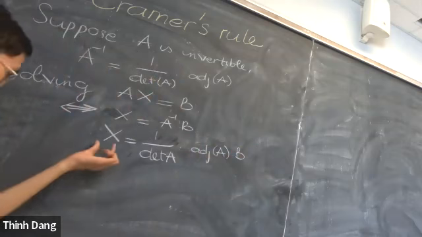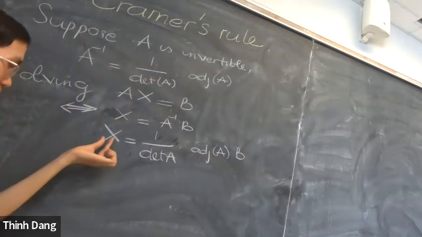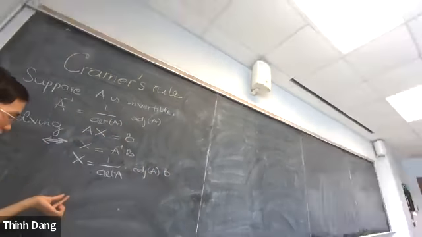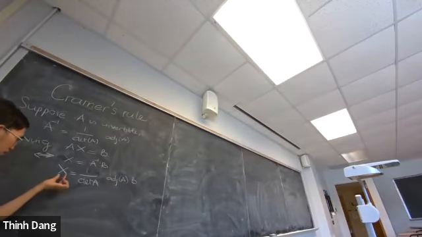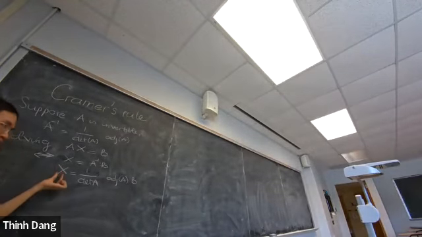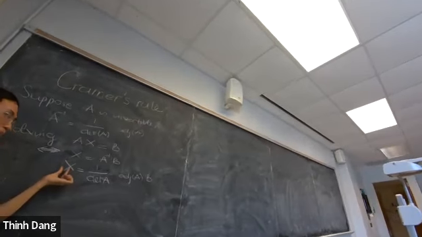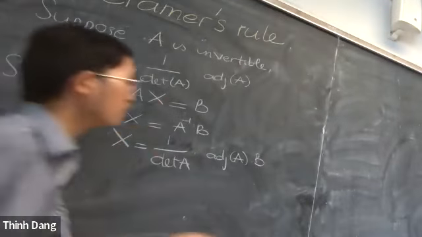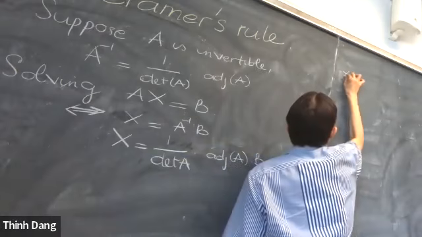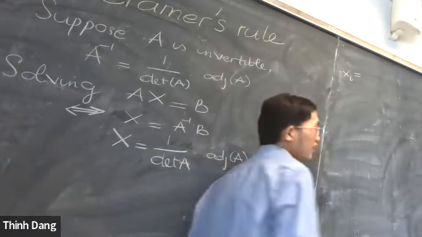Remember, x here is a column vector. Suppose I want to find a specific entry in this column vector, say the value of the entry xi.